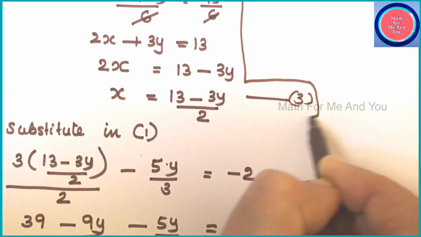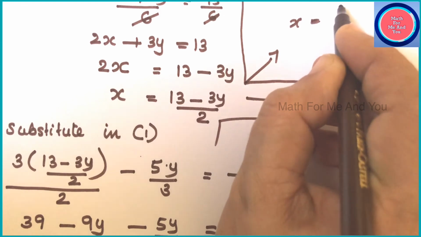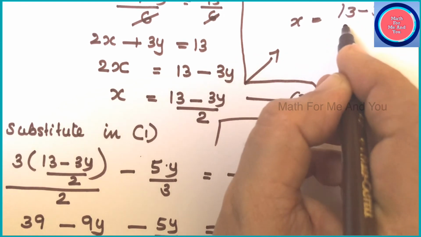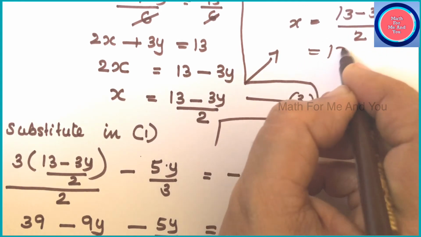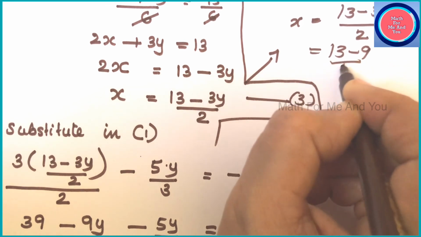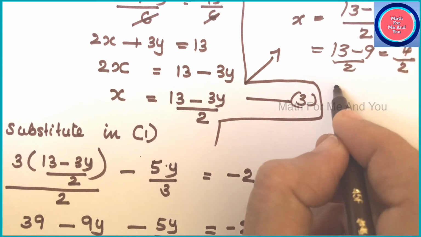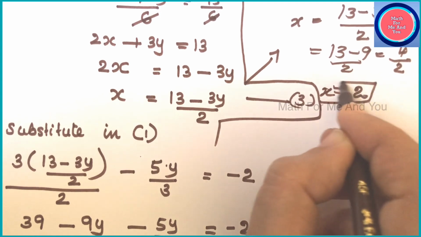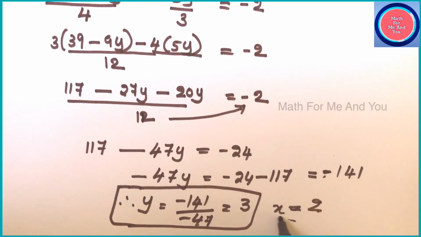Then we get x is equal to 13 minus 3 times 3 over 2. 3 times 3 is 9. 13 minus 9, how much? 4. 4 over 2 is 2. So we get x equals 2. Then the solutions: x equals 2 and y equals 3.